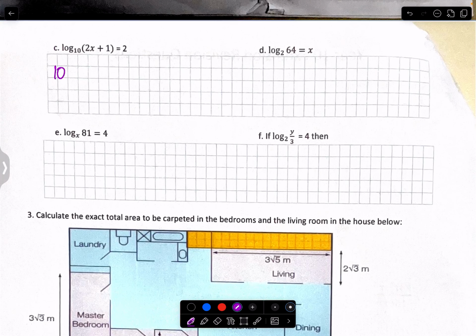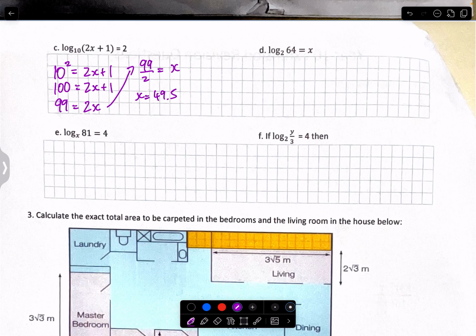10 raised to the power of 2 is equivalent to 2x plus 1. 10 squared is 100, equal to 2x plus 1. Opposite of adding 1 is taking 1 from both sides. Opposite of timesing by 2 is dividing by 2. So 99 over 2 is equal to x. x is going to be 49.5.